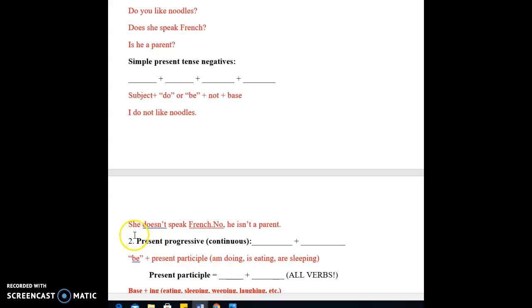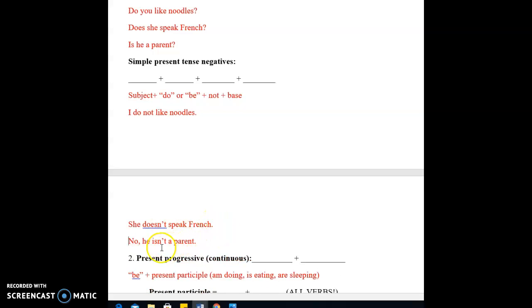She, again, here's your subject plus do, doesn't speak French. And excuse me, I'm going to move this down. No, he isn't a parent. Okay, so subject plus the be verb. I'm sorry, I'm getting lost trying to say this. So that example illustrates this form using the be verb.